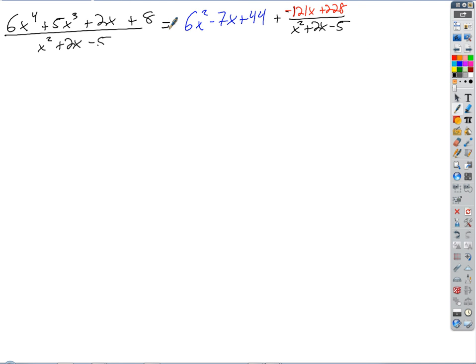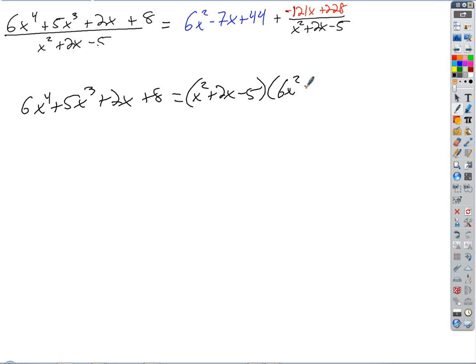So how could I write that? What if I multiplied each side through by the denominator? Do you see that I just get this? 6x to the 4th plus 5x cubed plus 2x plus 8 equals, if I distribute that through, the product of this polynomial times this polynomial, plus that remainder, because those would cancel, right? Everybody see that?